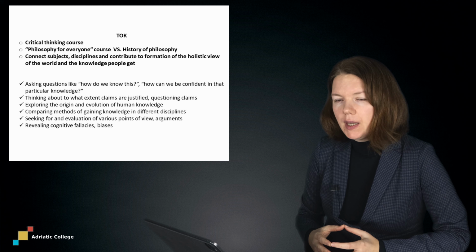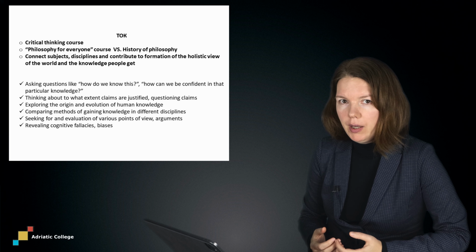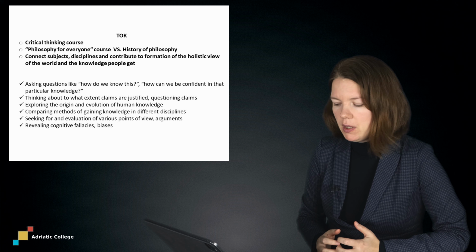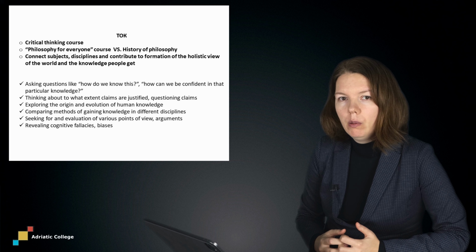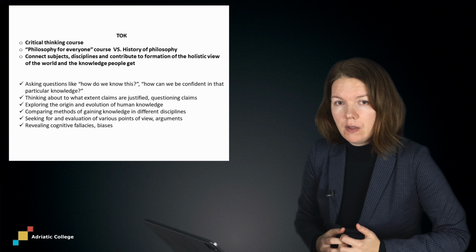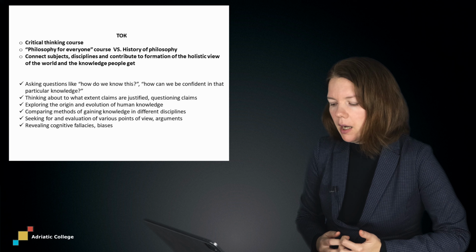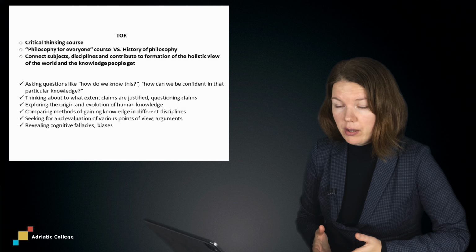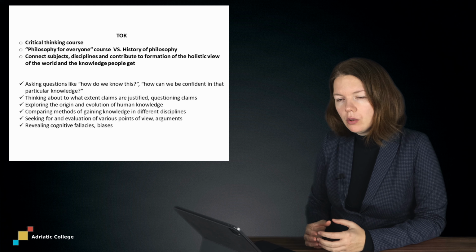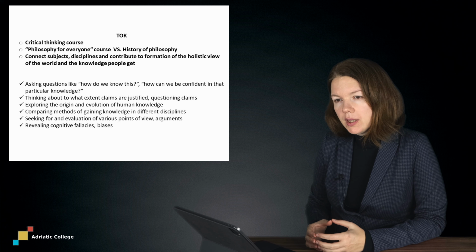And this course develops a skill of evaluating how justified every particular claim is. Where do these justifications come from? And how certain and reliable are they? Consistently, this course explores the evolution and the origin of the knowledge of humankind, compares and contrasts methods used in different disciplines to get knowledge.